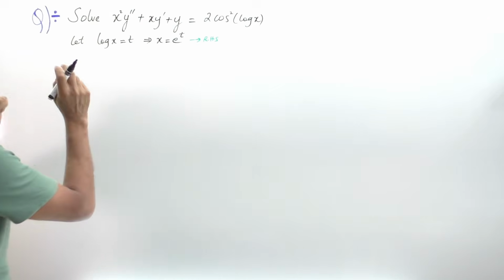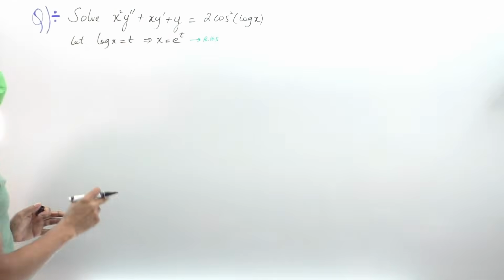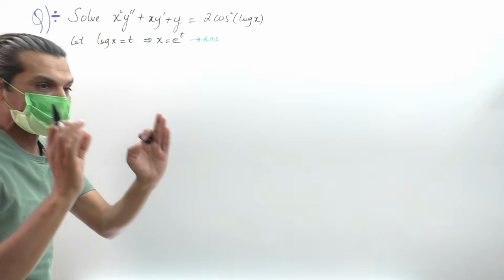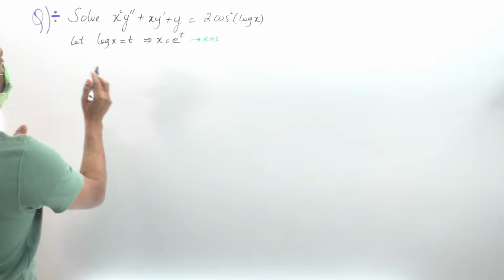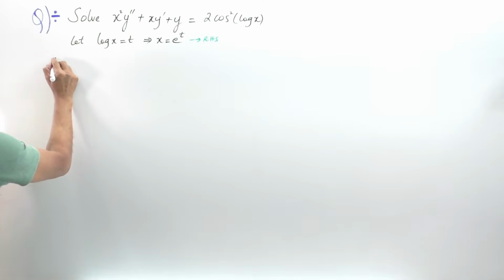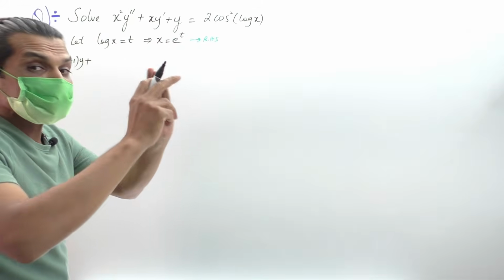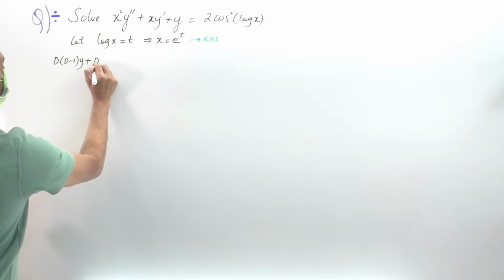In Cauchy's, x² y'' we can write as D(D−1)y, plus xy' means Dy.